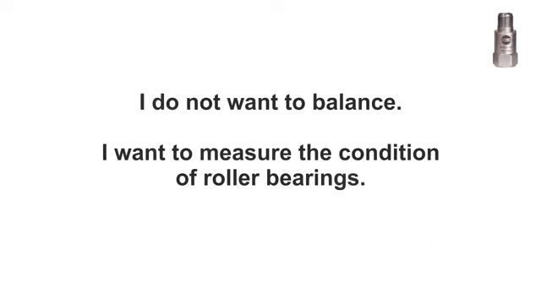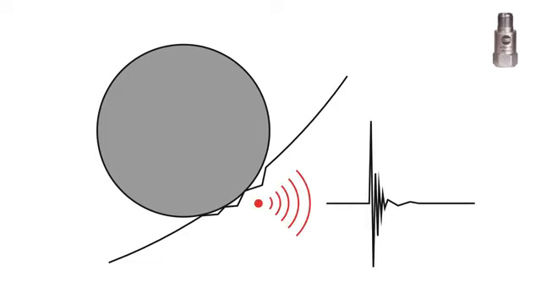But the users say, no, I do not want to balance. I want to measure the condition of the roller bearing. And this is the key point. For such measurement, I do not need the low frequency. When the ball is passing the scratches, or bearing pittings if you wish, on inner and outer races, then shocks appear in the time signal.